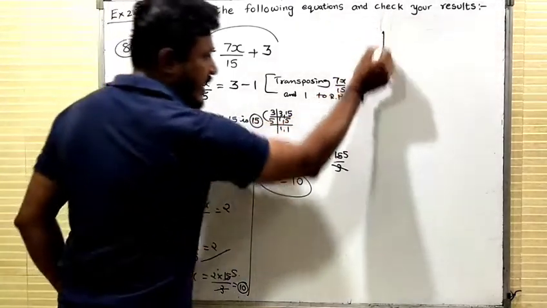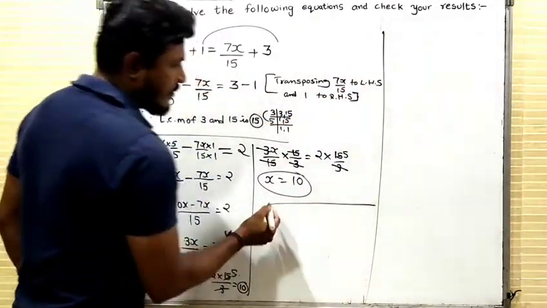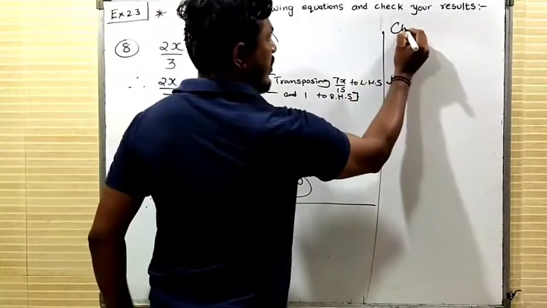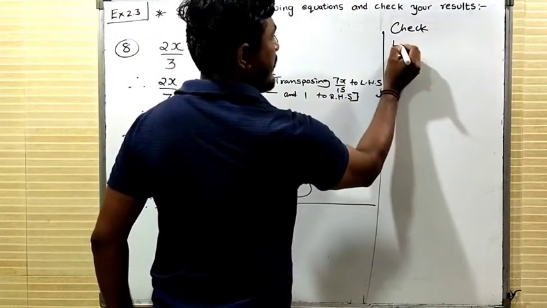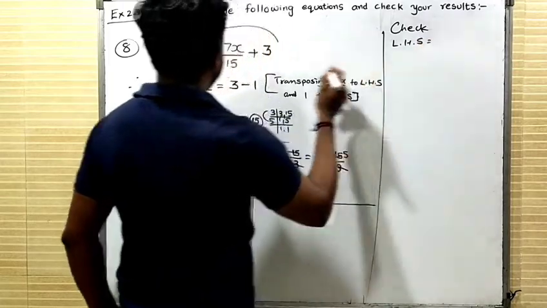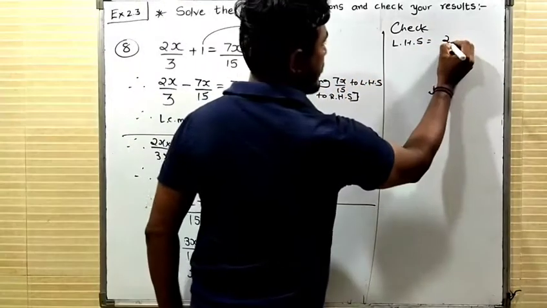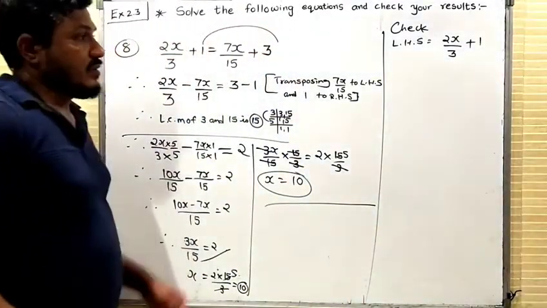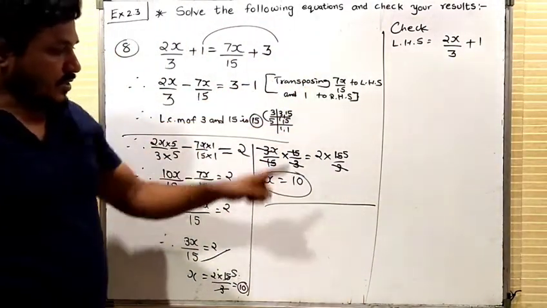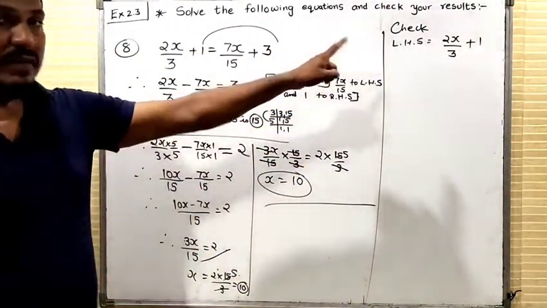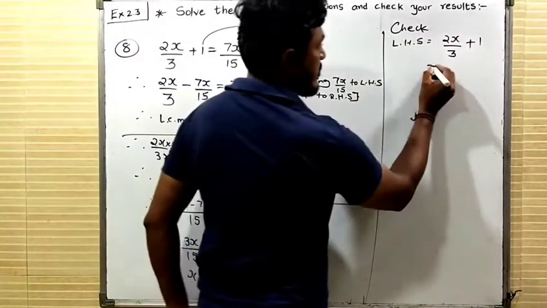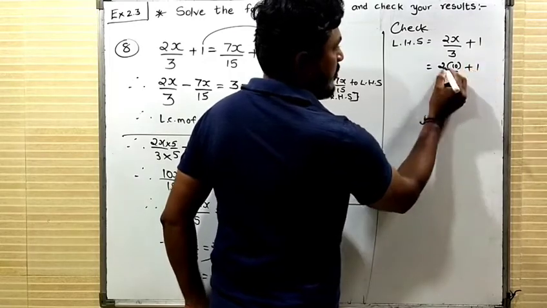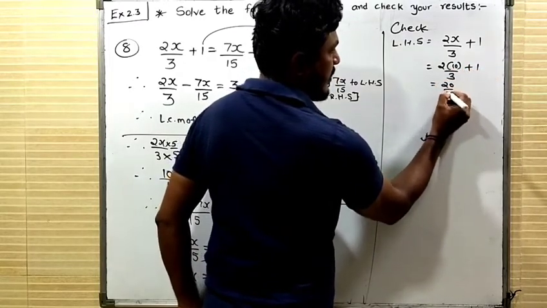Now we need to check both the sides whether they are equal or not. Now let us check the left hand side first, that is 2x by 3 plus 1. Now in place of x you need to substitute the value of x, that is 10. Now multiply it, 20 by 3.